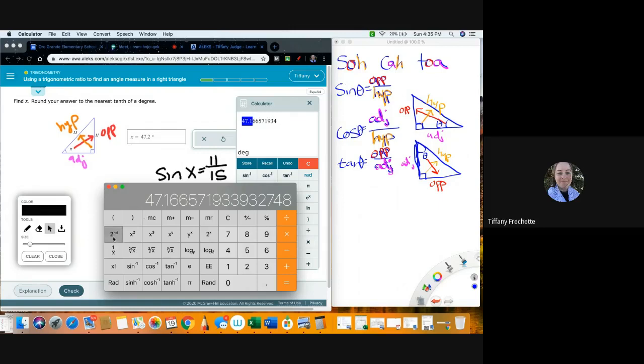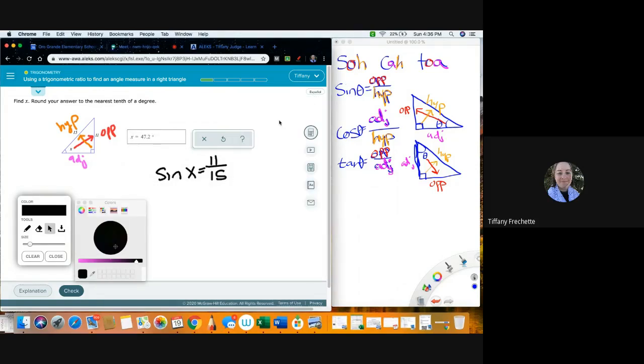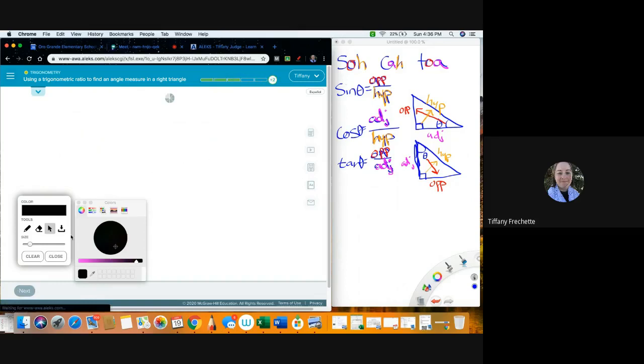So you have to toggle back and forth and it'll change some of your functions. But I wanted to bring that up because not all calculators just have sine, cosine, tangent, and the arc sines up there too. All right, so let's go ahead and hit check. And we're good. Next, clear.